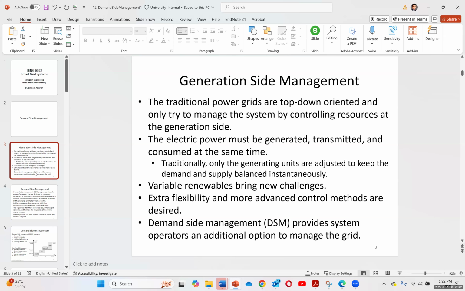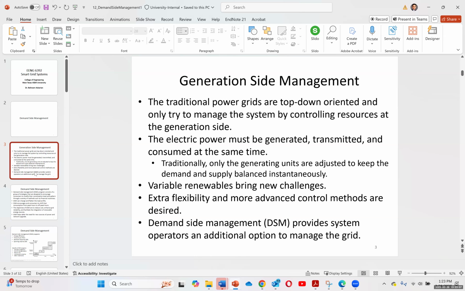And you need to keep in mind that in electric power, we have to have the same power in load and generation at all times. So we have to maintain a constant power transition. The electric power must be generated, transmitted, and consumed at the same time. Very important.